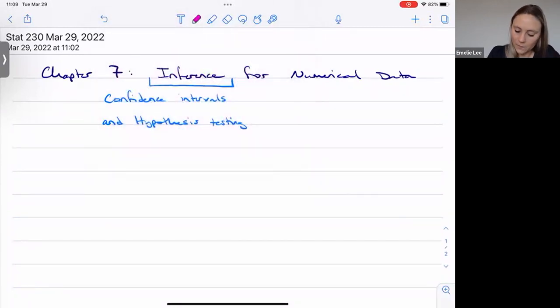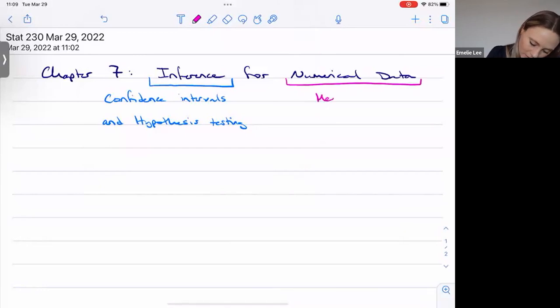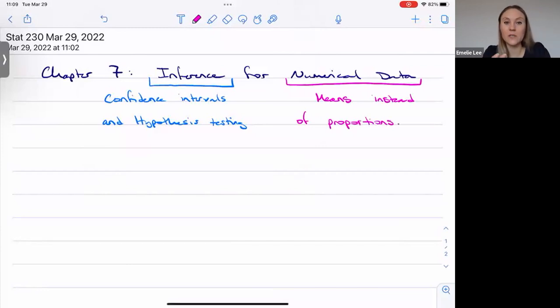So now we're going to be talking about the means instead of proportions, right? We were testing proportions for categorical data, and now we're talking about numerical data. So now we're going to be dealing with means questions, okay?